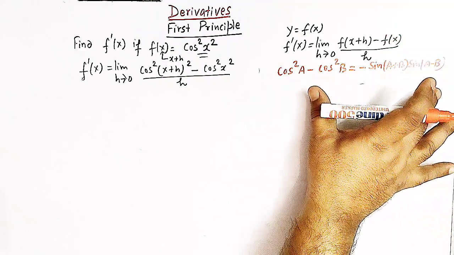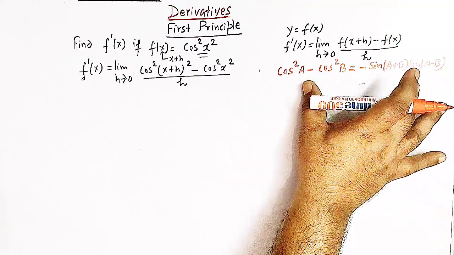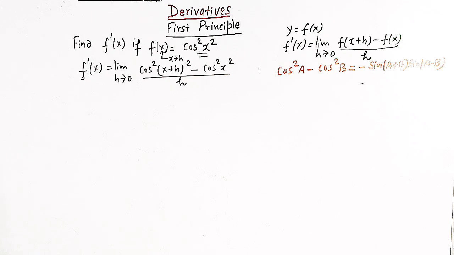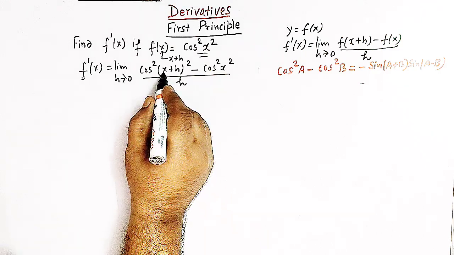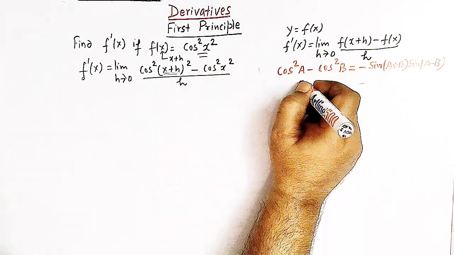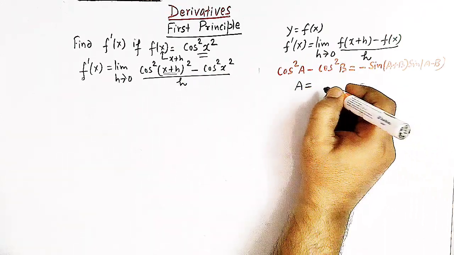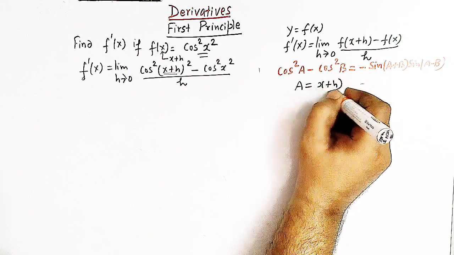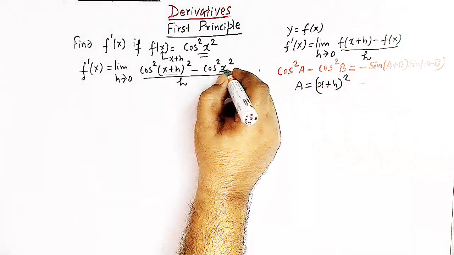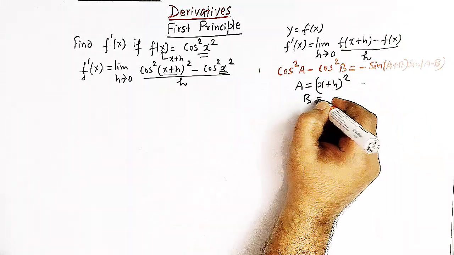So this is an important trigonometric identity which can be used here, and what we will do, we'll assume a as x plus h square and b as x square.